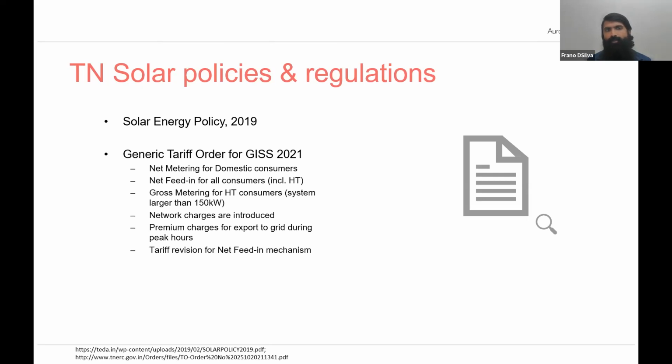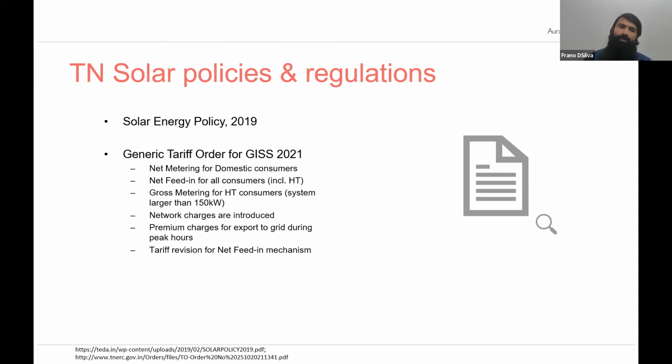Initially, the Solar Energy Policy 2019 was released to encourage the adoption of rooftop solar systems, and additionally, a generic tariff order was released in the later half of 2021 for the grid integrated solar systems.